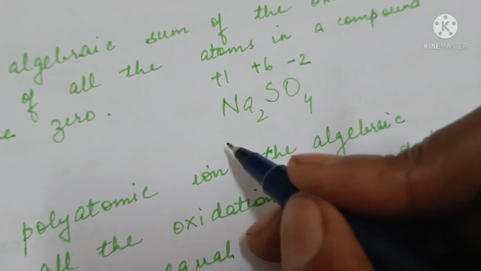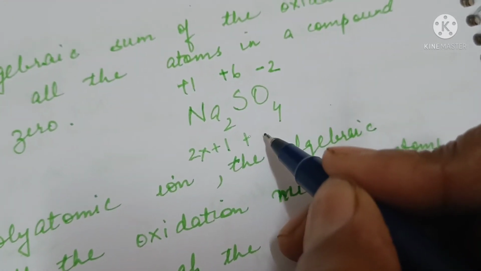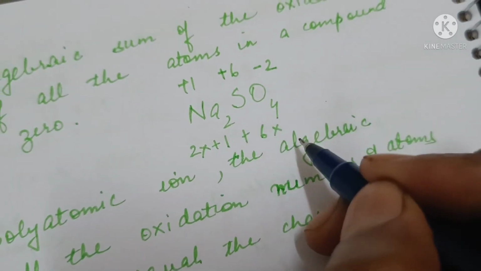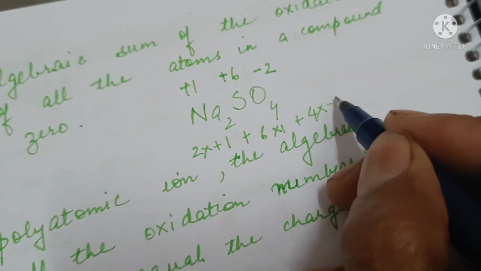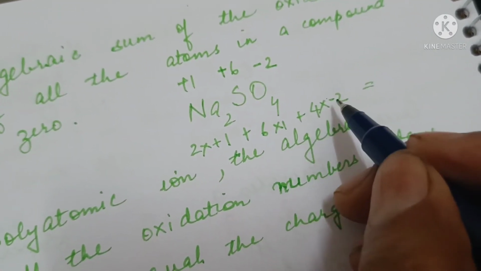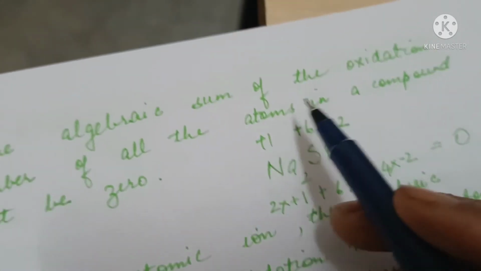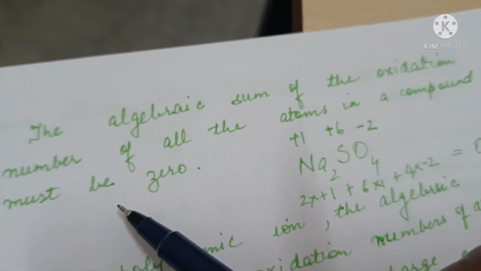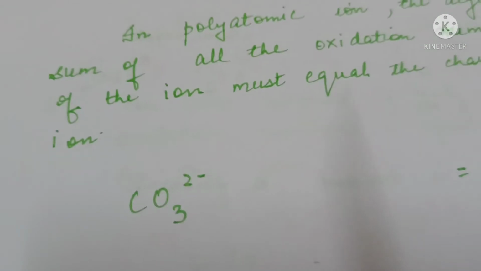Let's check it out. 2 into +1 plus 6 into 1 atom plus 4 into -2. So this is 2 plus 6, 8. This is -8. 8 minus 8 is 0. So the algebraic sum of the oxidation numbers of all atoms in a compound must be 0 if the compound is neutral.